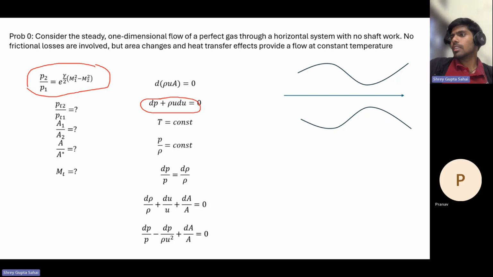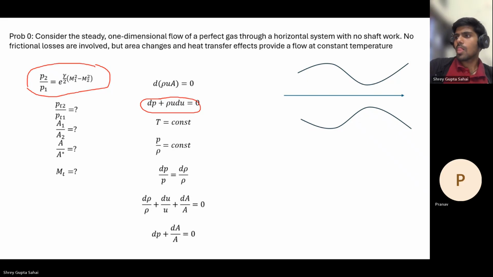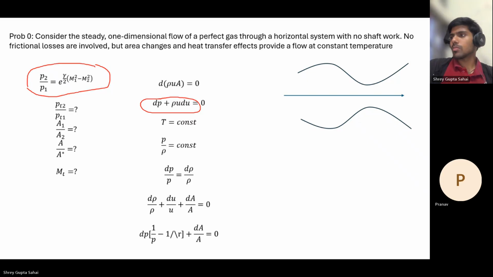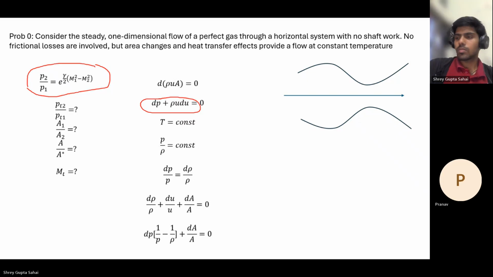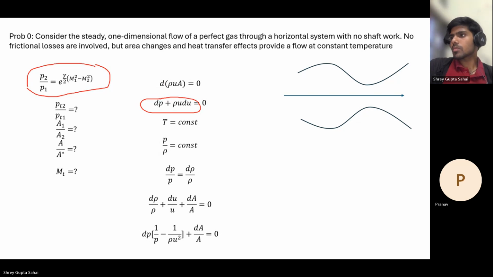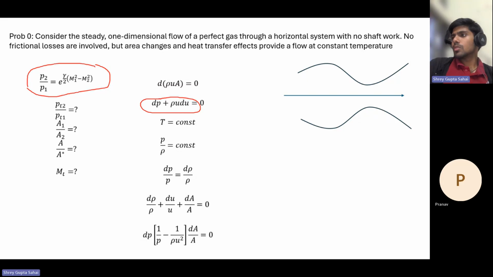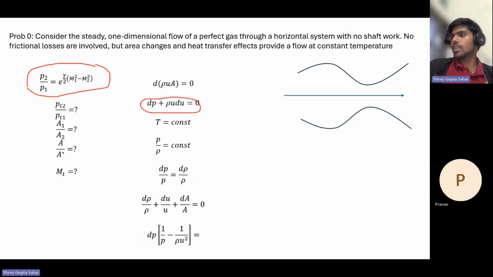So if that is fine, what we have here is dA by A, u square by this thing.